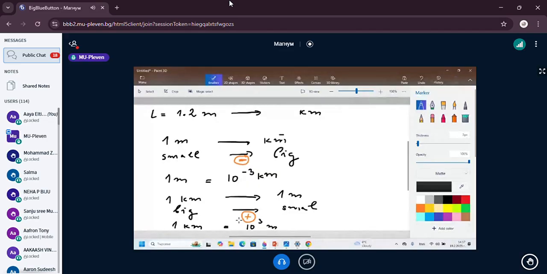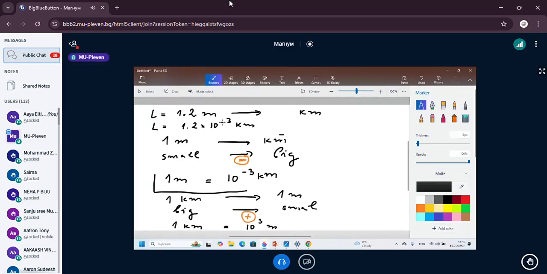This is important to understand, otherwise solutions won't be correct. So to come back to this very example, 1 meter is 10 power minus 3. That's why we'll write here 1.2, instead of meter, times 10 power minus 3 kilometers. This is the solution.